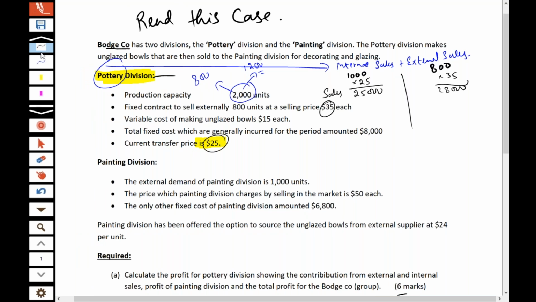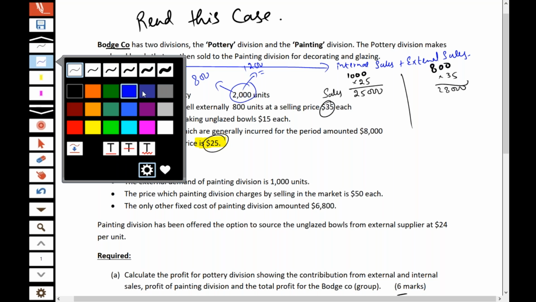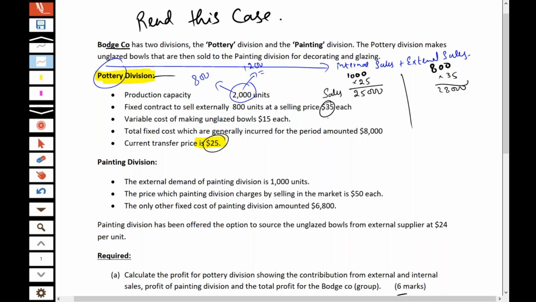Okay, now what is the variable cost? The variable cost is $15. So 1000 multiplied by 15, which becomes 15,000. That means 25 minus 15, that is 10,000.